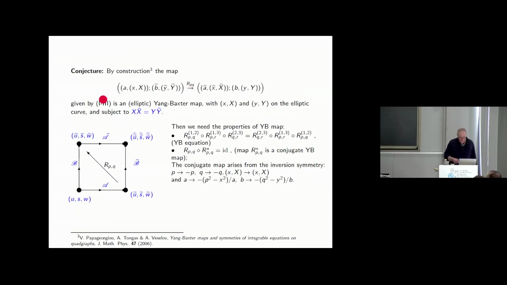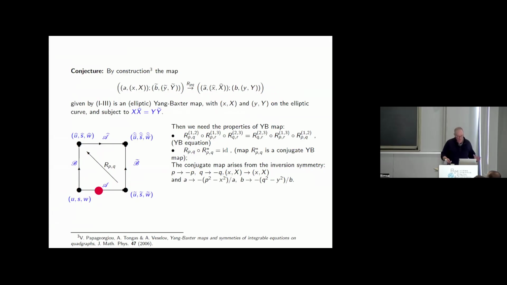That is a map between these pieces of data, namely a combination of little a and the point on the curve, and then a shifted b and the point on the curve. So they live along the horizontal and vertical axes, and that by the Yang-Baxter map gets transformed into this combination of variables, namely a hat and the point on the curve x and x hat, and b and y hat.